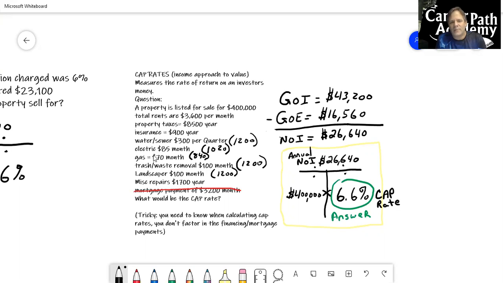And the way they could screw with you is, they could say there are 2 units there, each unit renting for $1,800 a month. So you'd have to calculate the monthly and then calculate the annual.